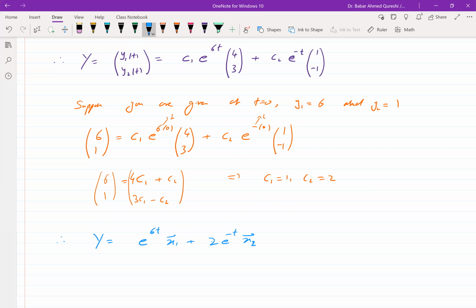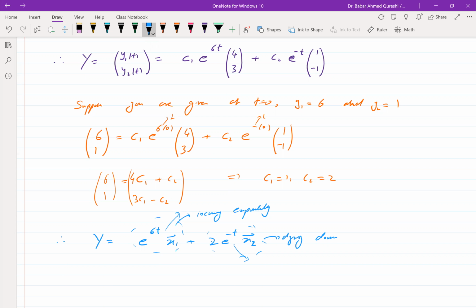At late times, this part keeps increasing and this keeps decreasing. So this one becomes extremely important at late times and this becomes increasingly less important. So this part is dying down while this part is increasing exponentially, very fast. And this part is dying down very fast.